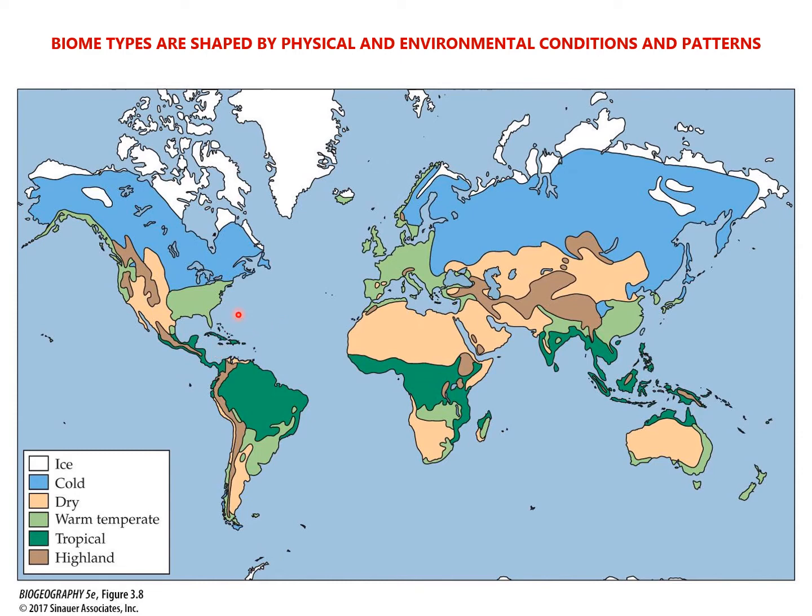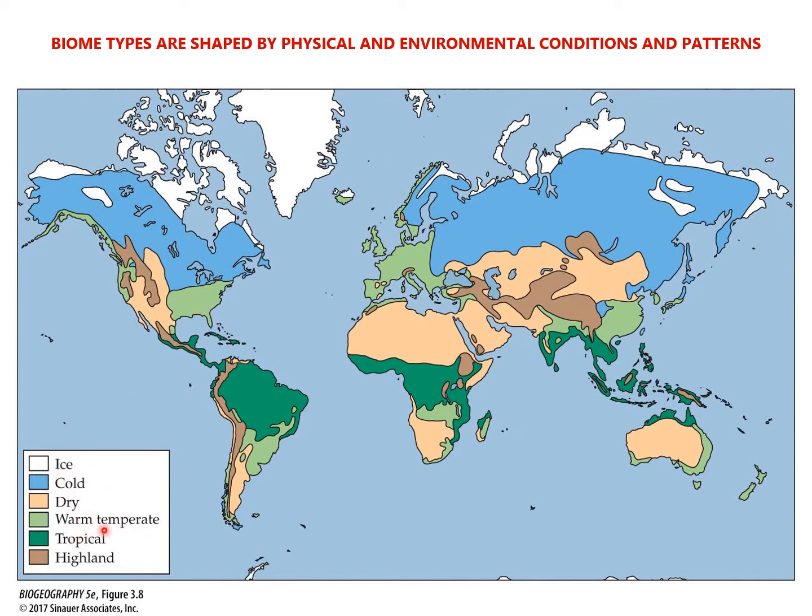You can look at this and see some latitudinal patterns. So the equator is going to be somewhere in here. As we move away from the equator, you can see moving from tropical to warm temperate, sorry, I said warm tropical, but warm temperate environments, and then to some drier environments, and then cold and ice environments.